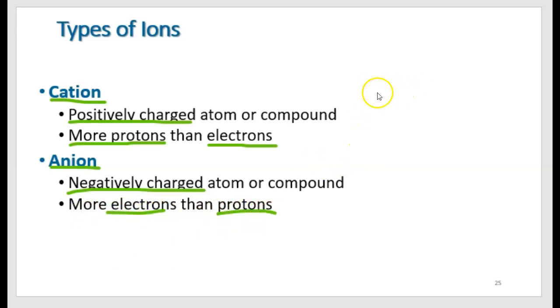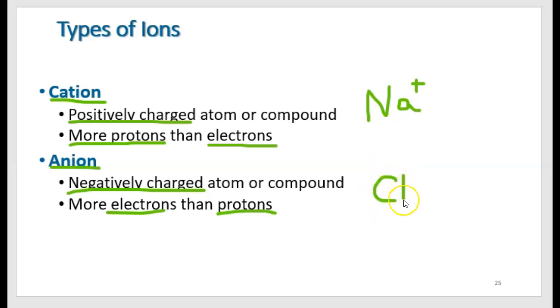So I'll just give you an example of a common cation that we will see in this class, and that's sodium ions. Sodium has a positive charge. A common negatively charged ion, there's 2 of them that we'll come across.